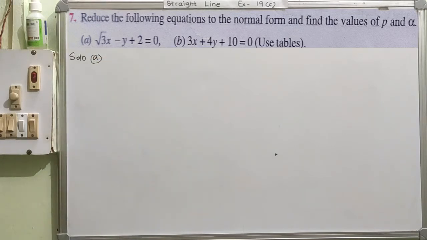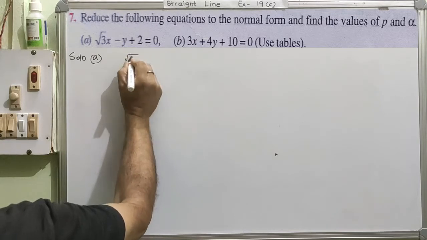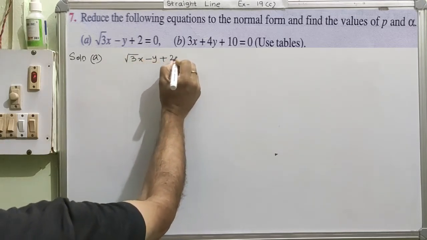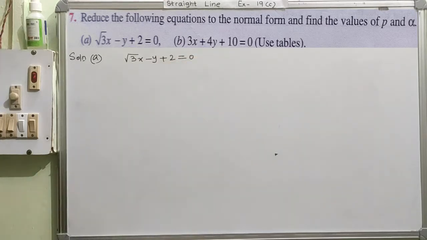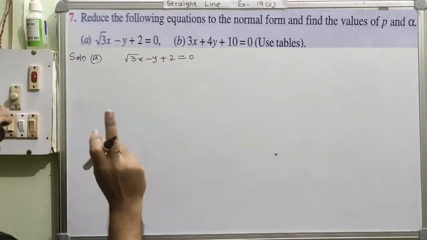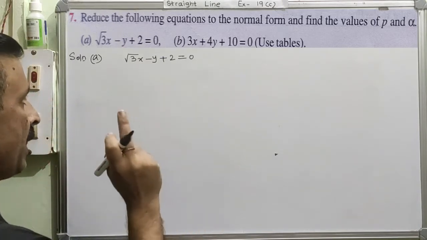The equation we have is root 3x minus y plus 2 is equal to 0. This is your equation. So now what we can do is, first of all, we have to divide this by the square root of the sum of squares of the coefficients of x and y.